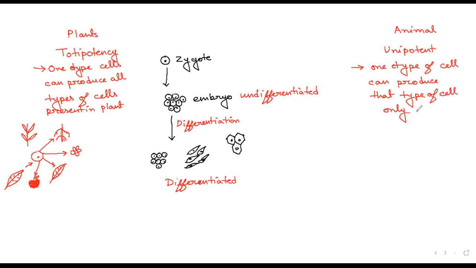Understood? It cannot produce any other type of cell. It can produce only that specific type of cell.